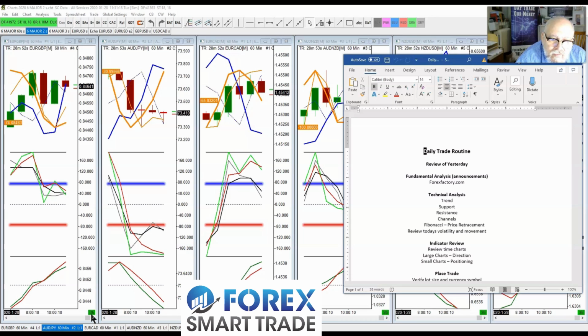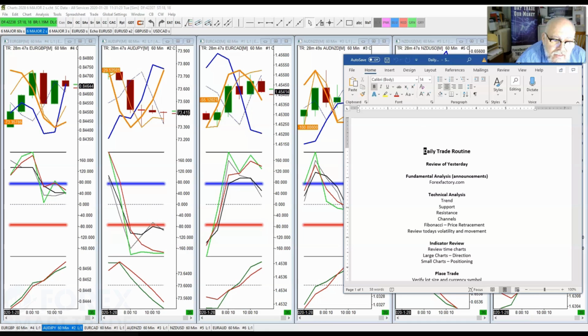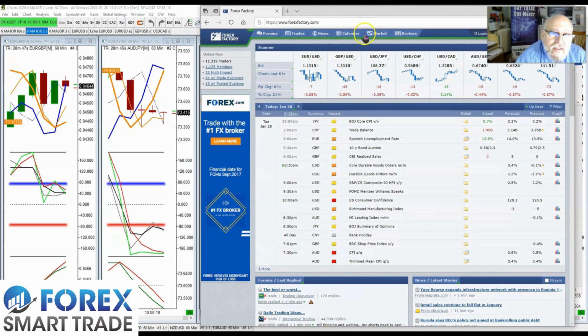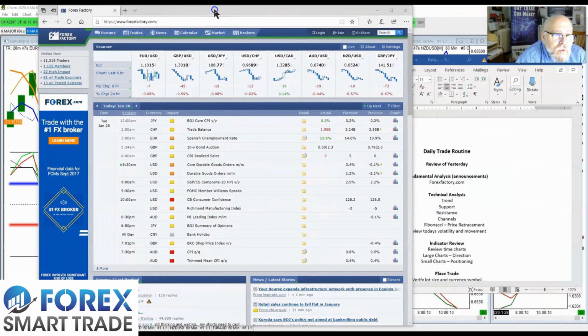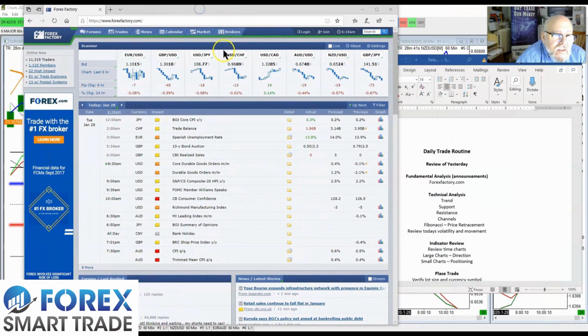Then before I start, I'd like to take a look at Forex Factory and see what the prospective news is. As we are technical traders, the indicators work primarily off of price movement.